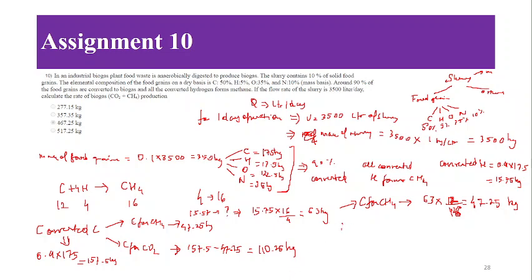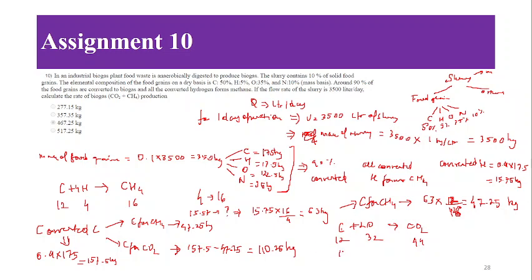Now again the elemental reaction C plus 2O gives us CO2. So this is 12 units of mass. This is 2 into 16, 32 units, and this gives us 44 units of mass. So if 12 units of carbon give us 44 units of CO2 on a mass basis, how much CO2 will 110.25 kg of carbon give us?